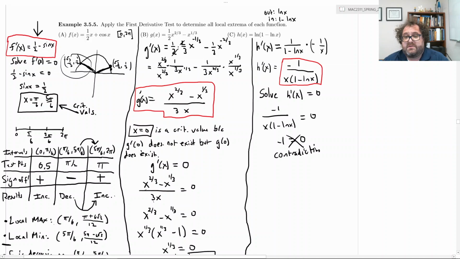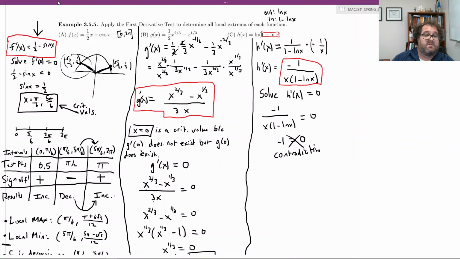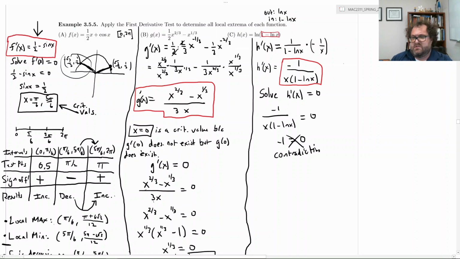And then also notice, what is the domain of the original function? To find the domain of a logarithm, you set the argument, which is this part, greater than 0 and solve. Well, how do you solve that? This is just a college algebra review, by the way.